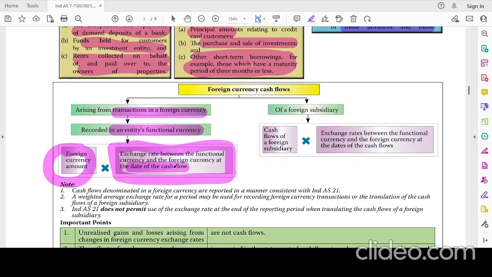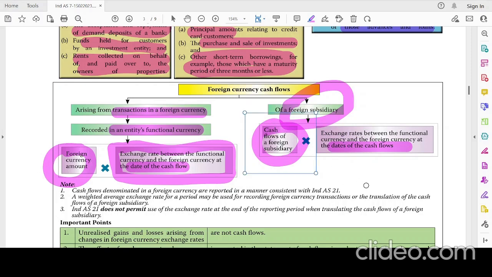Here it is the entire cash flow of the foreign subsidiary.